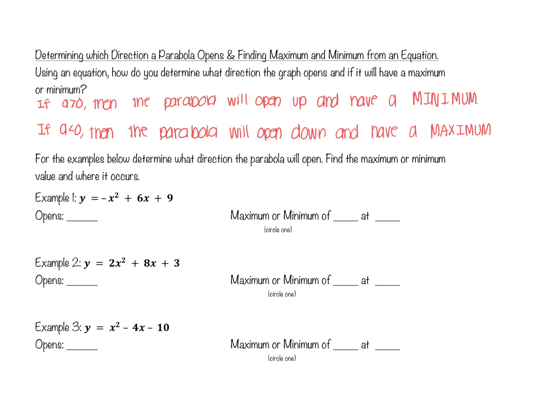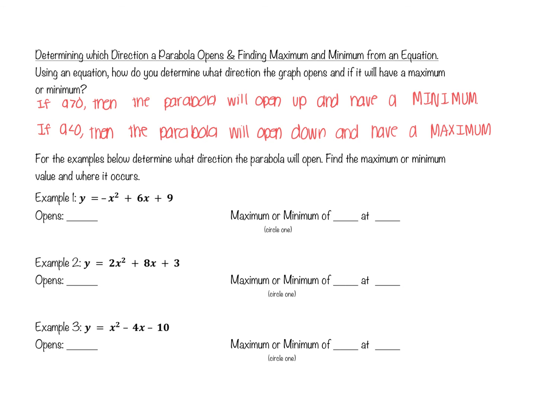The last step then here is we're going to figure out how I can determine if my parabola opens up or down, and then what that maximum or minimum value is going to be. I can again use the equation to help me, and we're going to look at the a value. If your a value is bigger than 0, or in other words, positive, then your parabola will open up and have a minimum, because it's going to be at that lowest point.